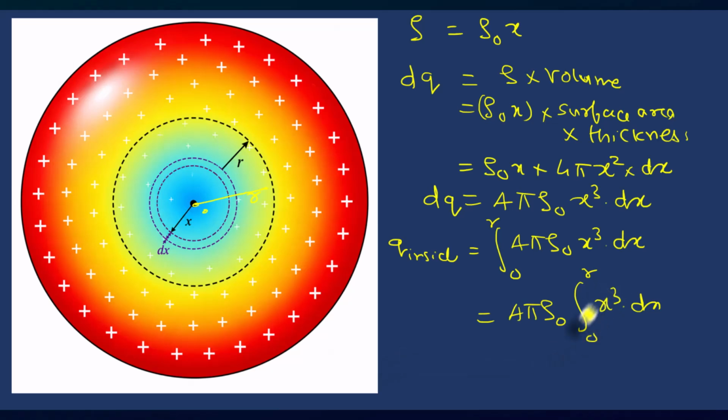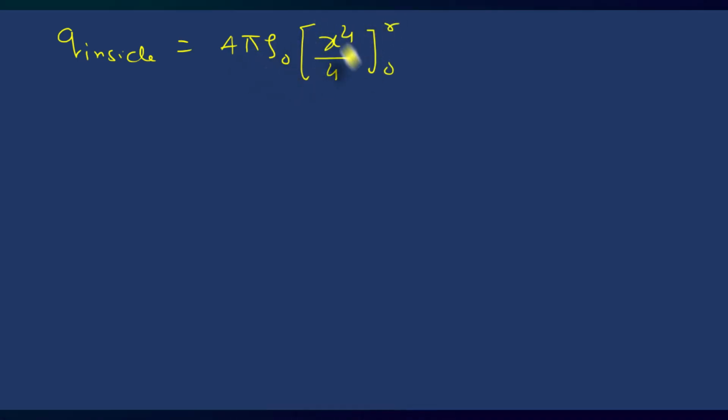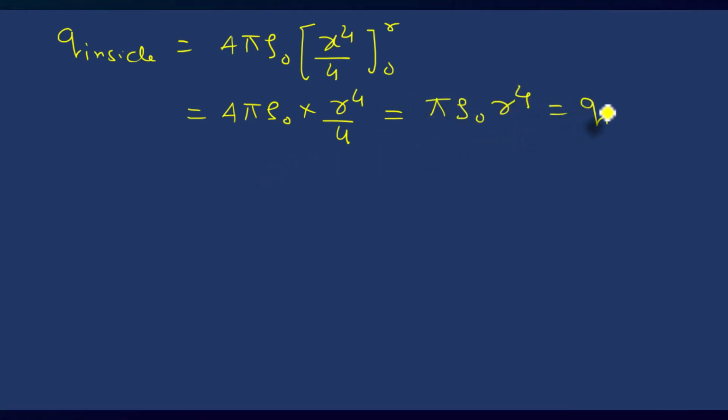Now, we know integration of x cube is x raised to 4 by 4. So, Q inside will be equal to 4 pi rho naught into x raised to 4 by 4 between the limits 0 to r. And I'm assuming you know how to solve this between the limits 0 to r. So, on simplifying, I'll get 4 pi rho naught into r raised to 4 by 4. Further simplifying, 4 will get cancelled out. So, I'll get pi rho naught r raised to 4. So, this is Q inside.